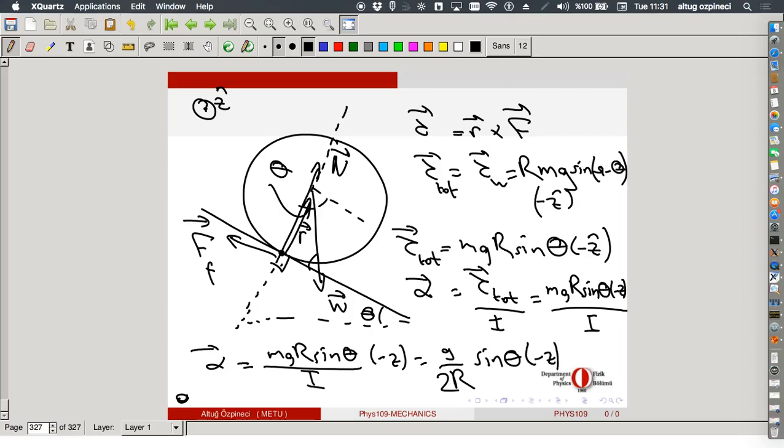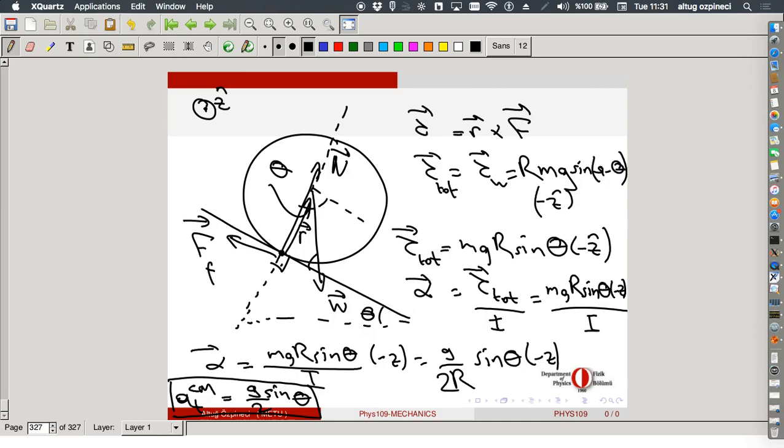The tangential acceleration of the center of mass is just alpha times the distance, that is alpha times r, that is g sine theta over 2. So this is the acceleration of the center of mass. The wheel is accelerating downward with g sine theta over 2.